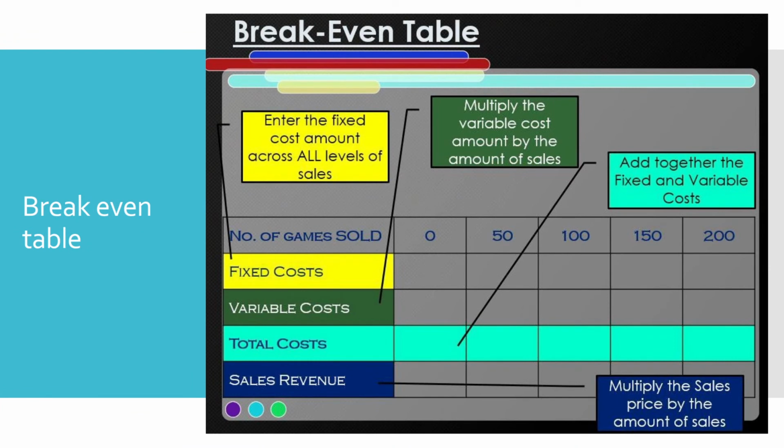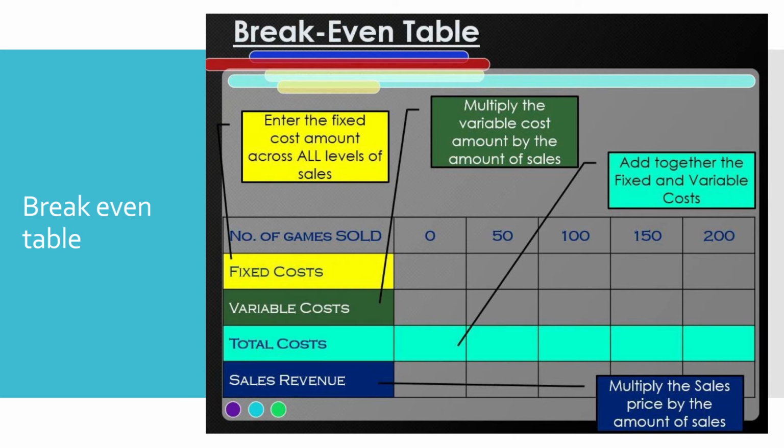So another way we can look at break even is through a table. Along the top, if we were looking at number of games, so a gaming shop, we've got 0, 50, 100, 150, 200. That's the number of units sold. Along the y-axis, we have our fixed costs in the yellow. Remember this number doesn't change.